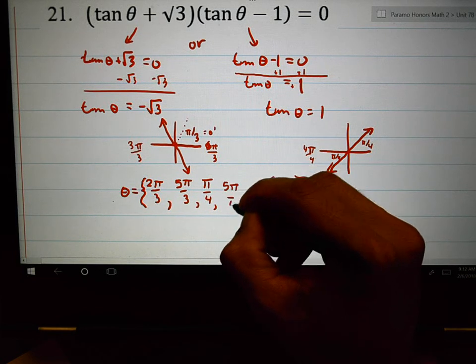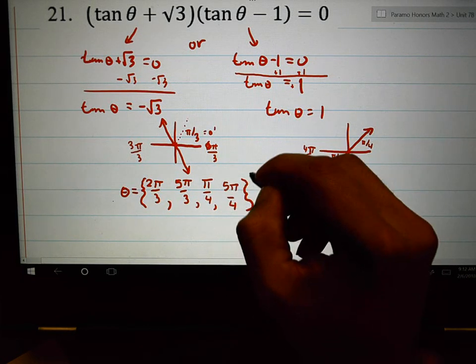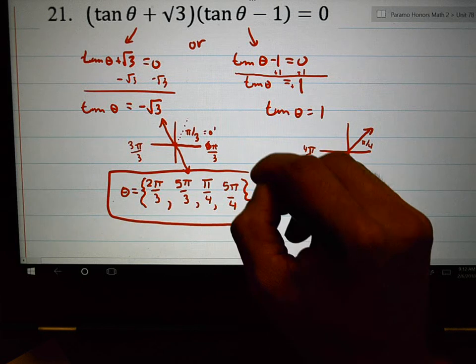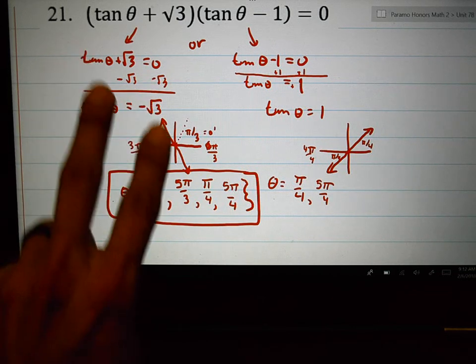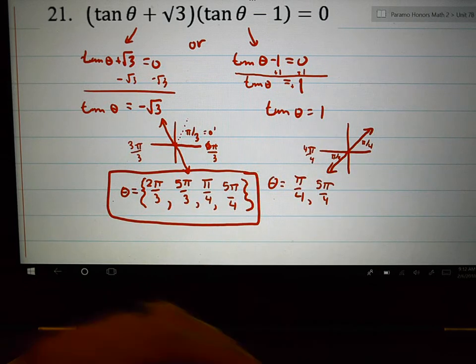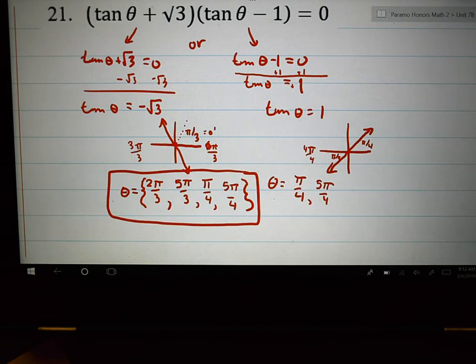And I have a solution set bracket that gives me all 4 possible answers for theta. And that's one of the reasons why I wrote the word usually. Usually there's 2 answers. There were 2 answers for this branch. There were 2 answers for this branch. So there were 4 answers total. That's how it's going to work. I'm going to stop your notes right there.